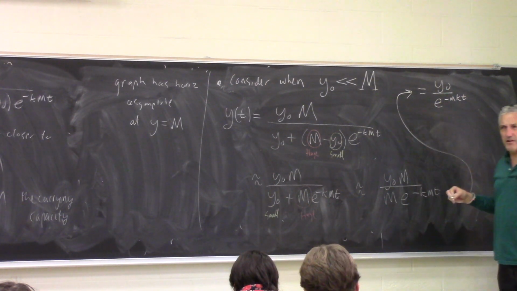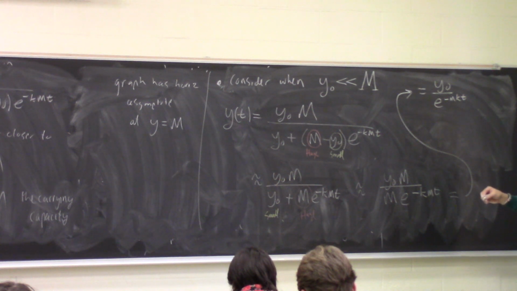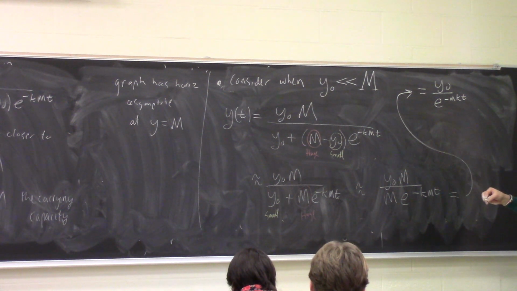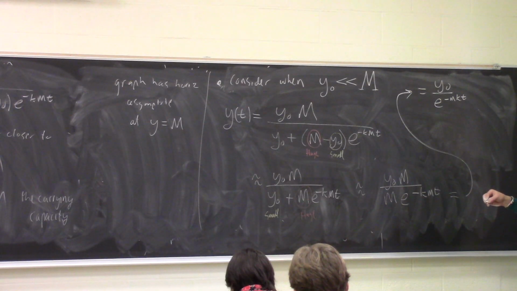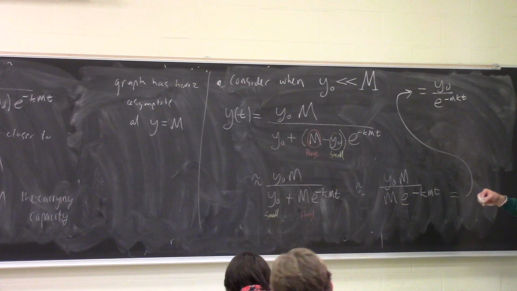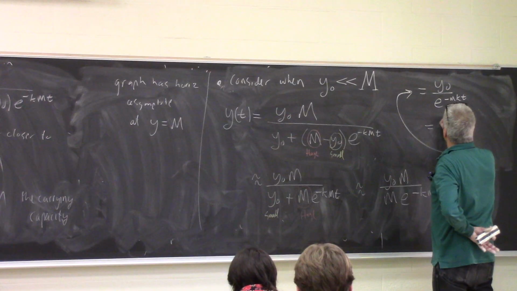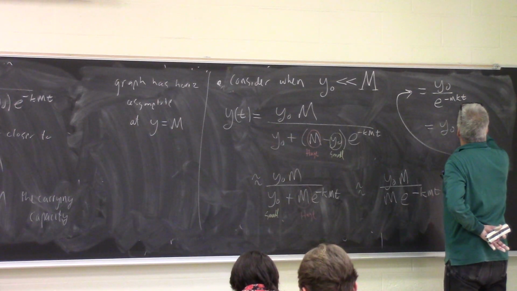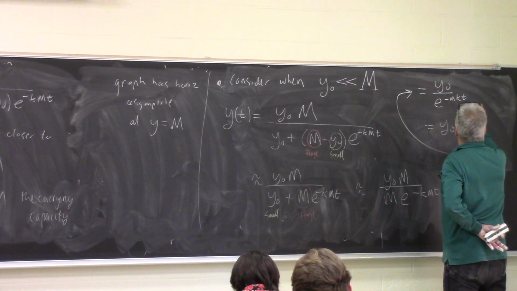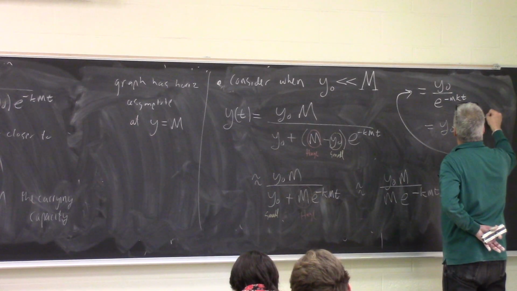Can anybody think of how to simplify that? Dividing by e to the minus kmt. What if I wanted to eliminate that negative exponent? Bring it to the numerator. Y0 e to the kmt.